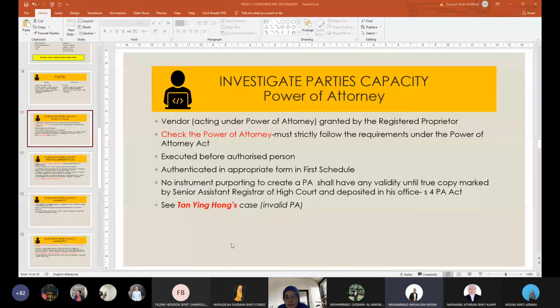Sebab confirm diorang tak ada capacity, tak boleh jual, maksudnya kita tak boleh continue transaction. So bila kita buat land search, bankruptcy search tu kita dapati parties tu bankrupt, automatically kita akan advise our client that you are bankrupt, you cannot enter into any transaction. So this transaction cannot proceed. Macam itulah. Okay, thank you madam.